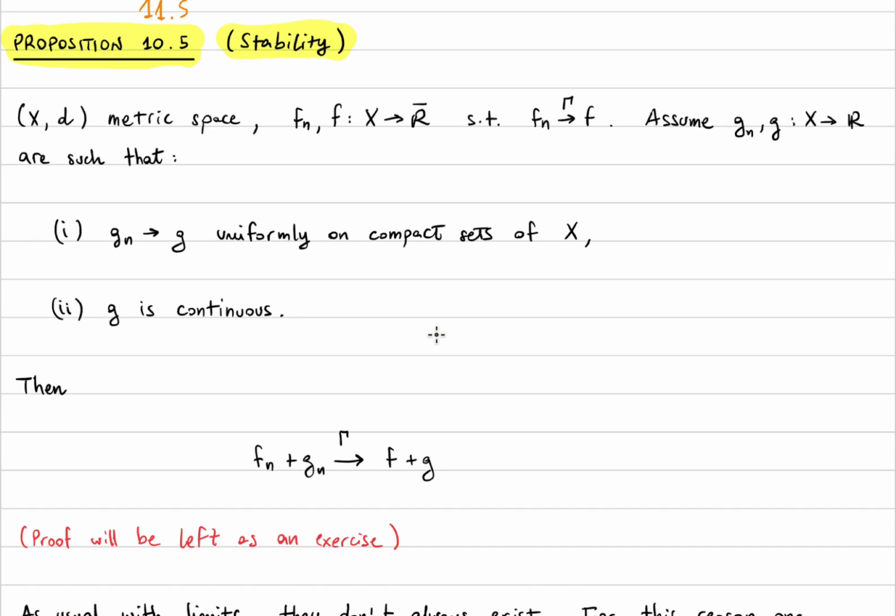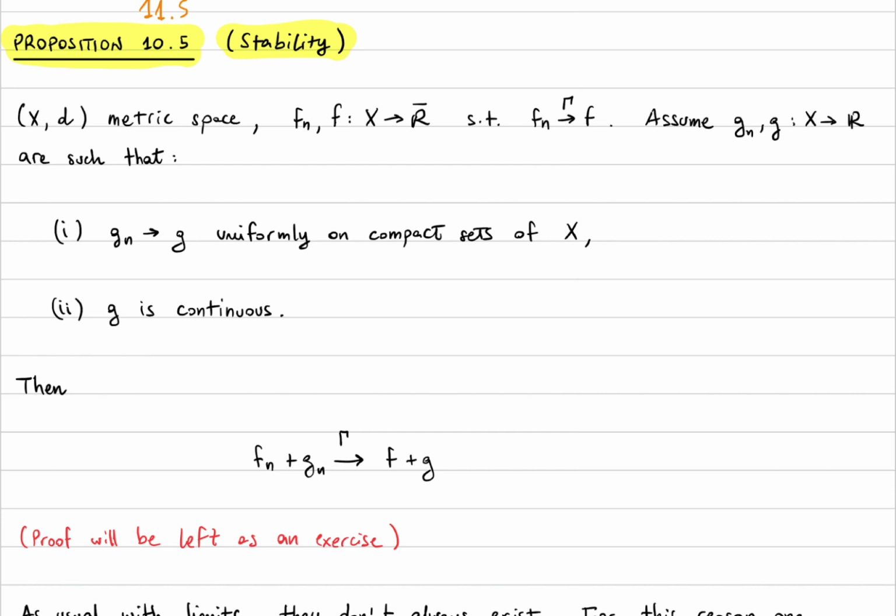So proposition 11.5 says that, in the usual setting, (X, d) metric space, F_n and F defined from X into the extended reals, and assume that F_n is gamma converging to F. Then suppose that you're given a sequence G_n and a function G such that 1) G_n converges to G uniformly on the compact sets of X, and 2) G is continuous. Then F_n plus G_n gamma converges to F plus G. So this is telling you something more than proposition 11.4.